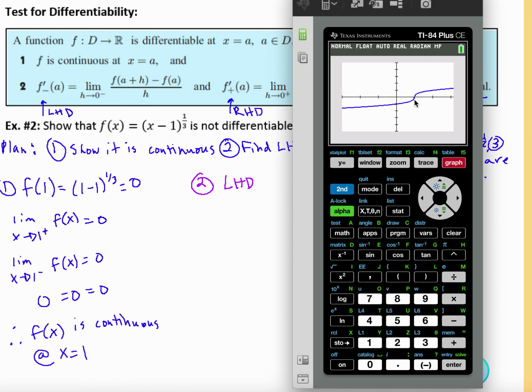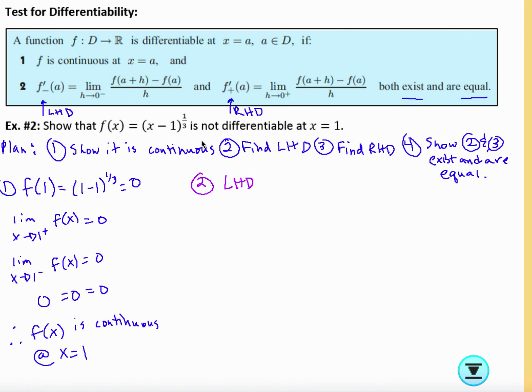It's getting closer and closer to this vertical line. In fact, right there at 1, I do have a vertical line. So the left-hand derivative, as I come up at it from the left, is undefined.